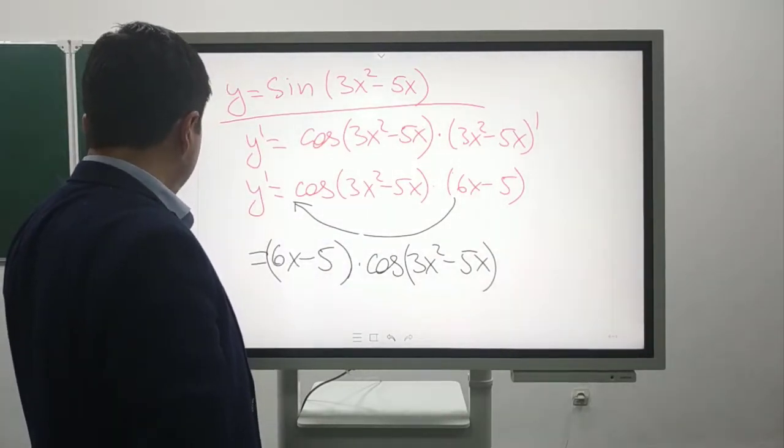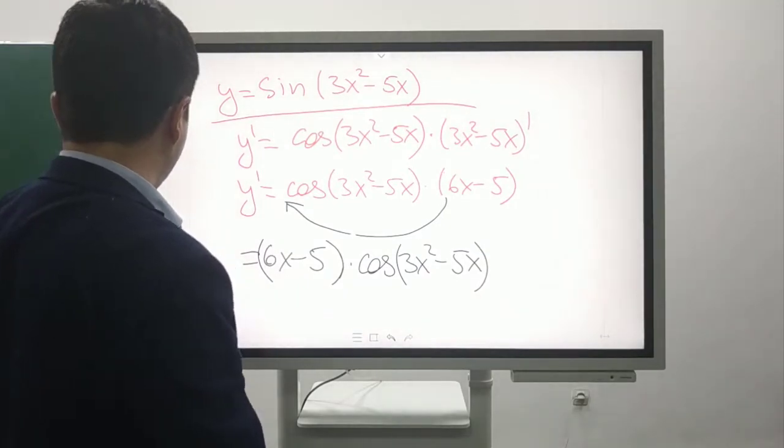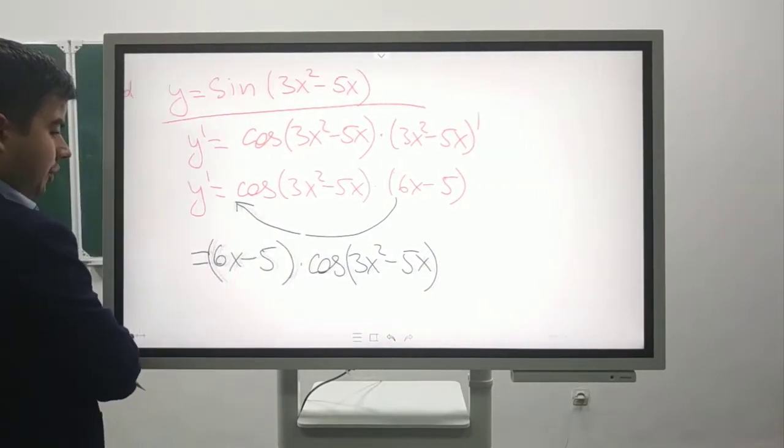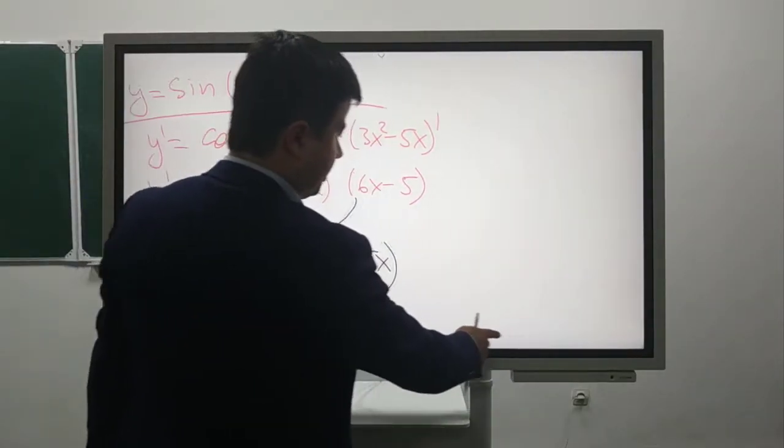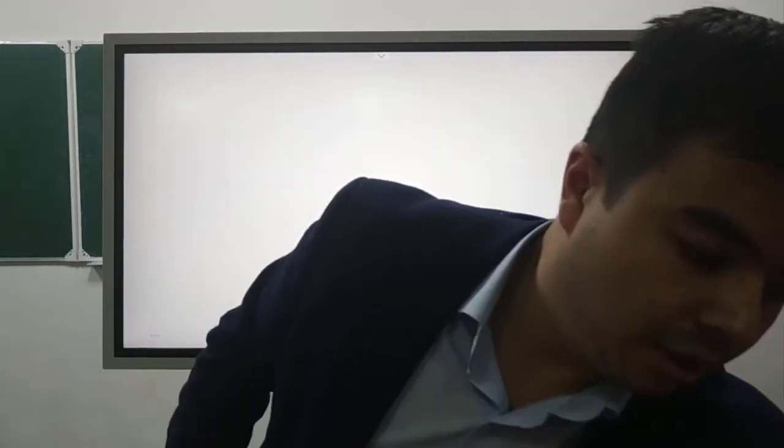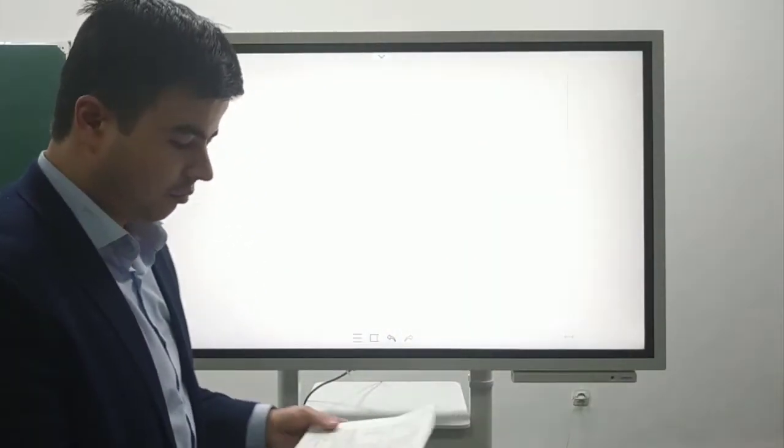And now let's consider the next type of functions. So next examples. Here we have more examples.